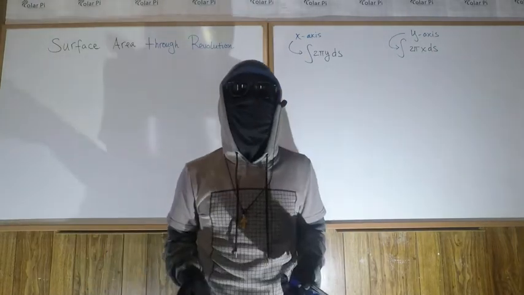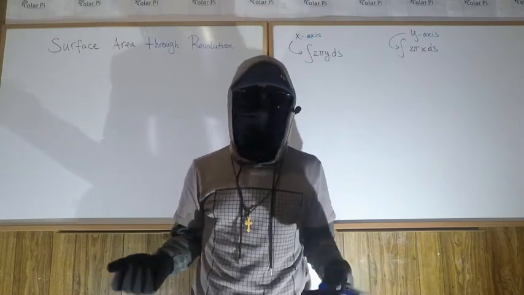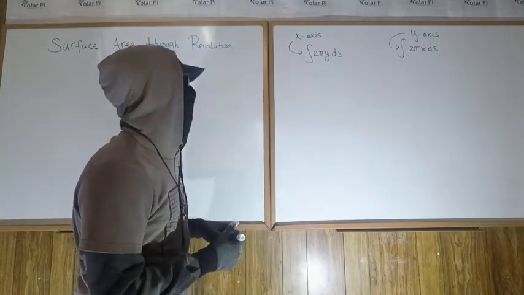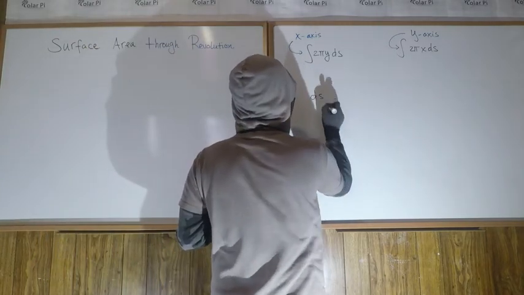The next question is, what is ds? ds is the same as what we did in arc length. I have several videos on arc length, so check them out. There, we said that ds is one of two things.